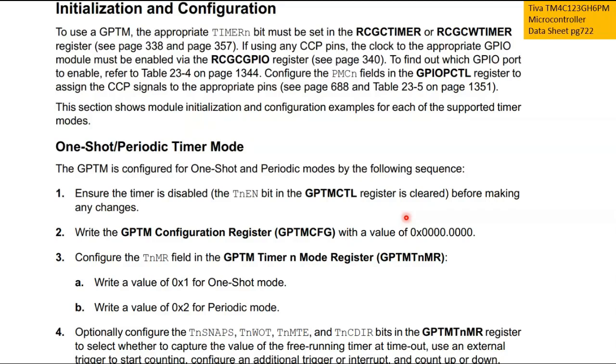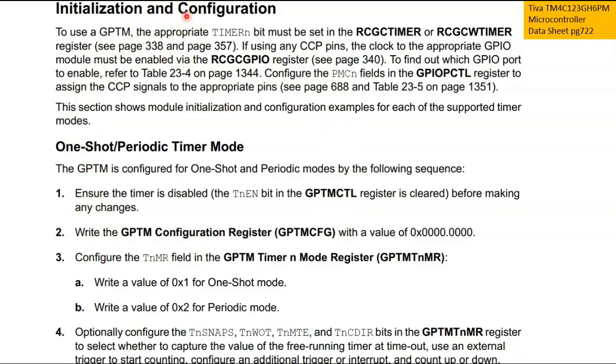Now, to program the timer, I will refer to page 722 of the TM4C123 datasheet. Now, there is a section that explains how to initialize and configure the timer. What I've shown here is not the complete story.